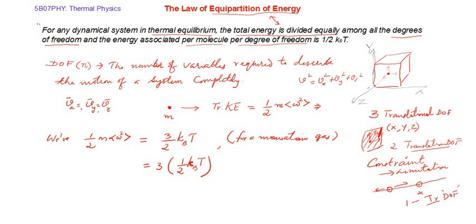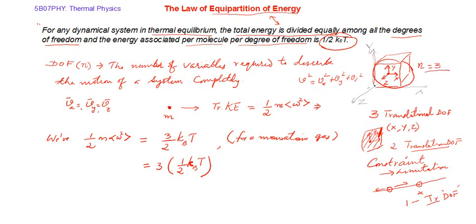A monoatomic gas molecule can move along the x-axis, that is 1 degree of freedom, along the y-axis, the 2nd degree of freedom, and also along the z direction with equal probability. So the degree of freedom for a monoatomic gas molecule enclosed in a container is 3. This 3 corresponds to the degree of freedom of the gas molecule.